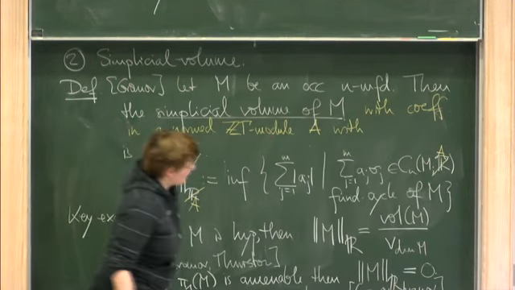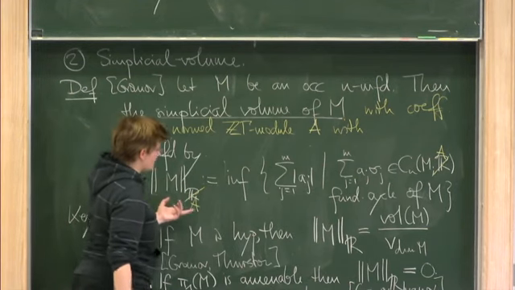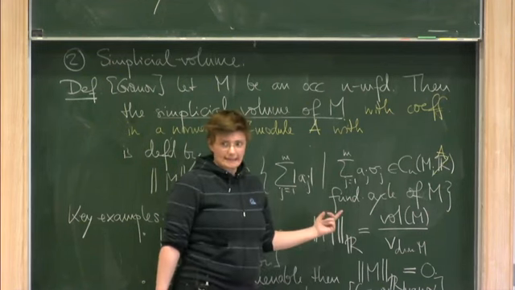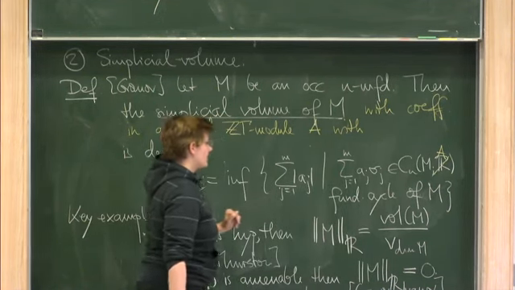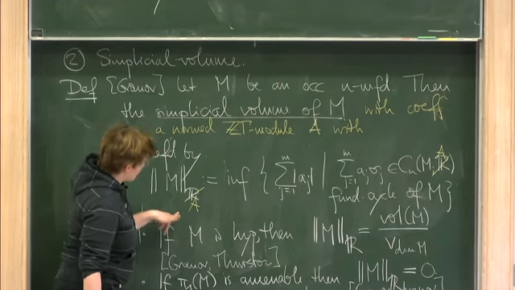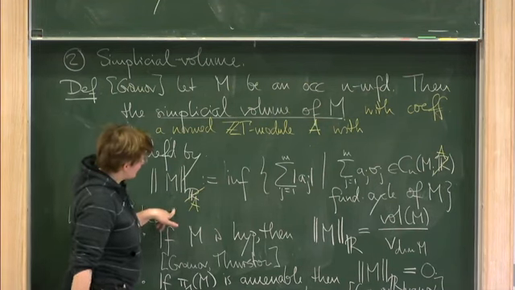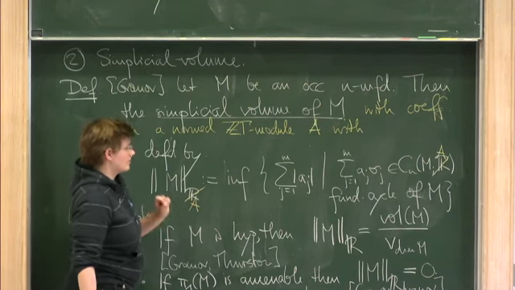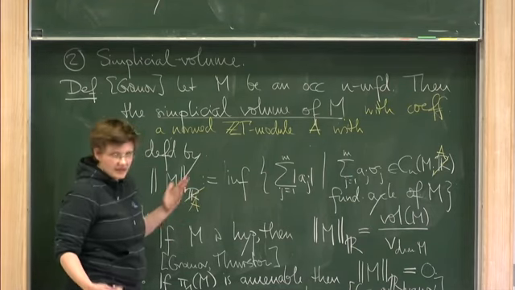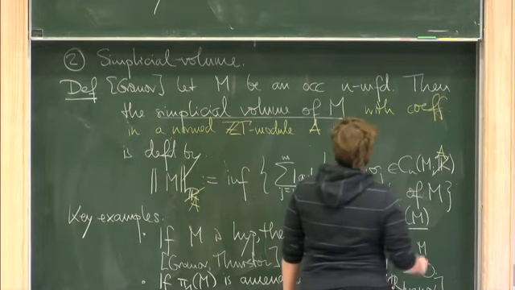But in order for this to make sense, we need to be able to talk about something like a fundamental cycle. So maybe the easiest thing to do is to assume that we have a map from the integers with the trivial action to A, because then we can always compare with the fundamental cycles that come from integral coefficients.